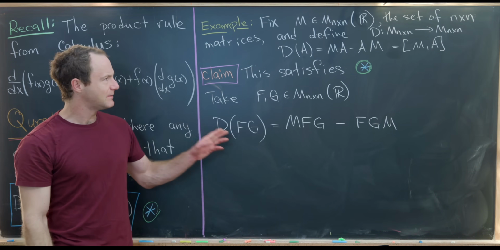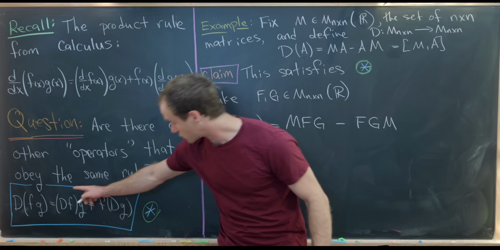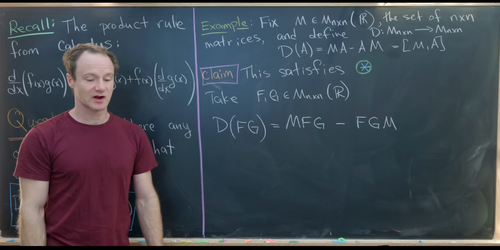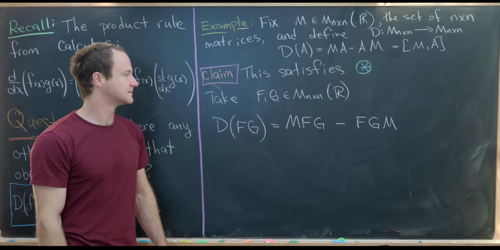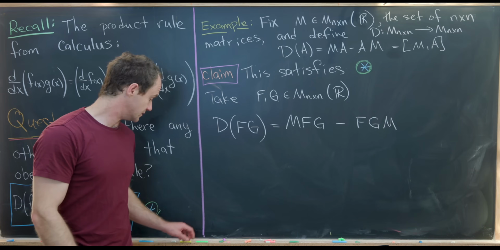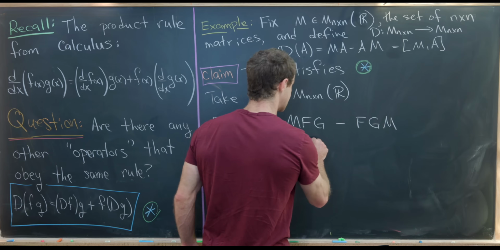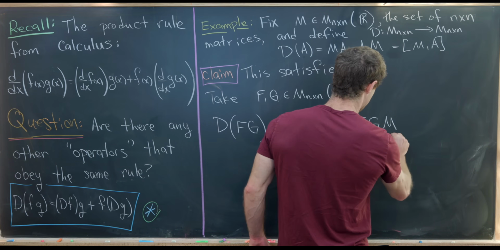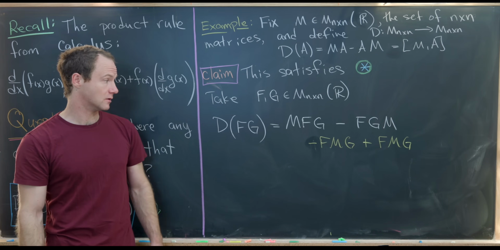Now, keeping in mind where we are trying to go, this right-hand side, we probably want to add and subtract the same thing in order to build these two parts. And that's exactly what we'll do. Just looking at it for a little bit, you'll see that if we subtract FMG and then add FMG, the overall result is that we've added 0.